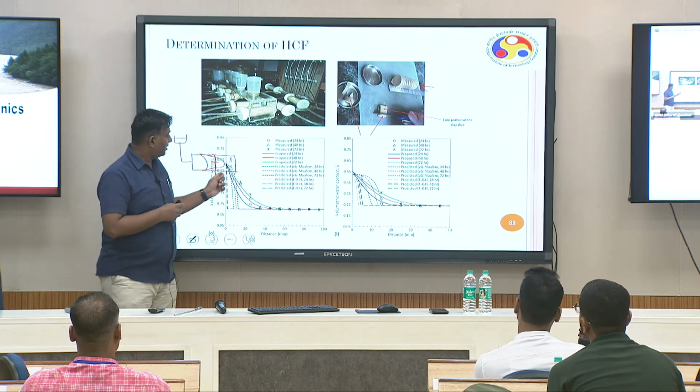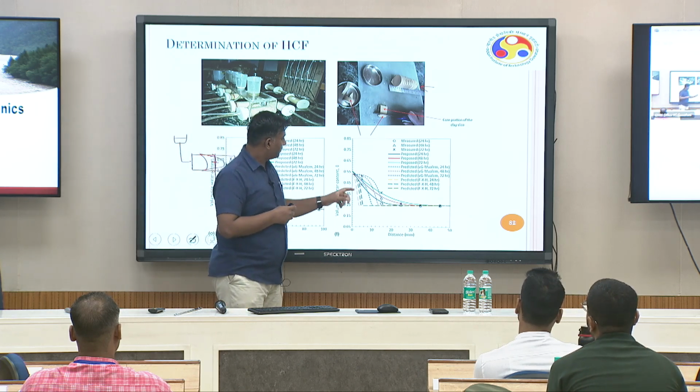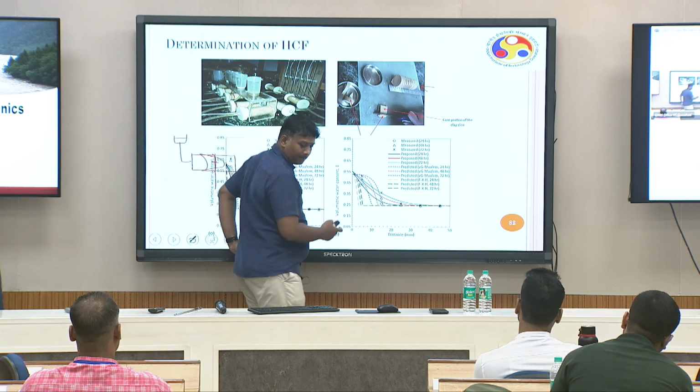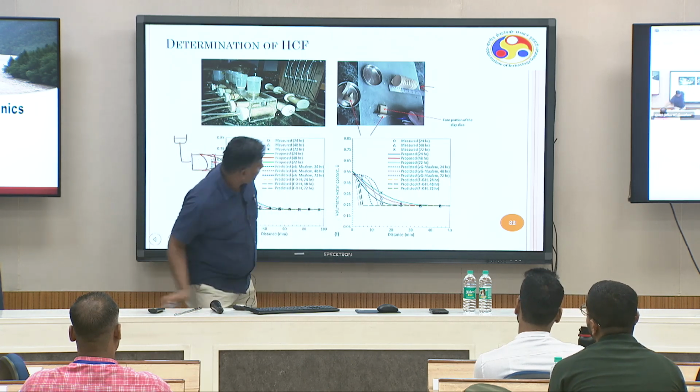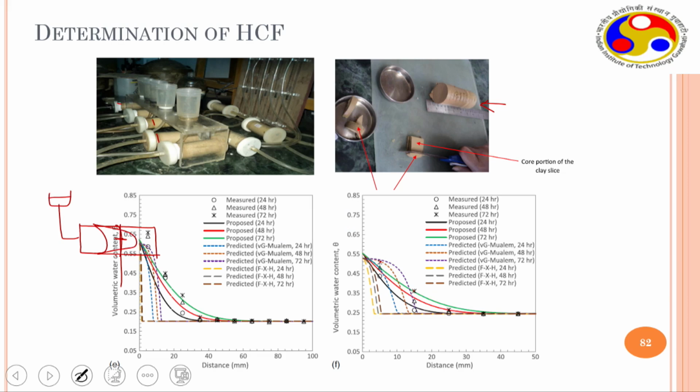If we try to predict, look at the predictions. The data is here. The predictions are here. Right? Not this one, this one. Van Genuchten and this is Fredlund.